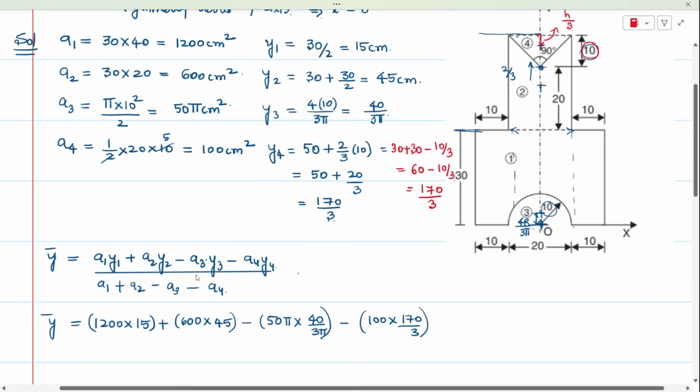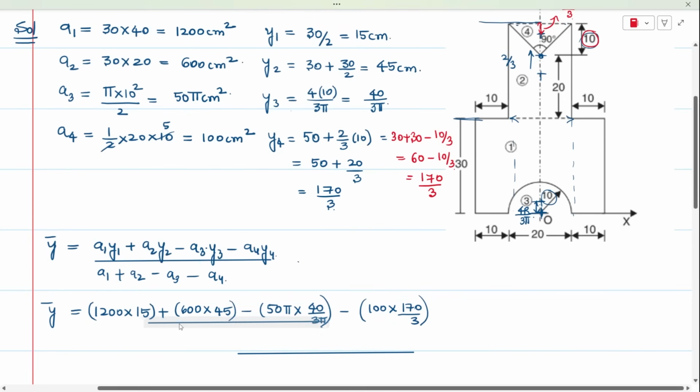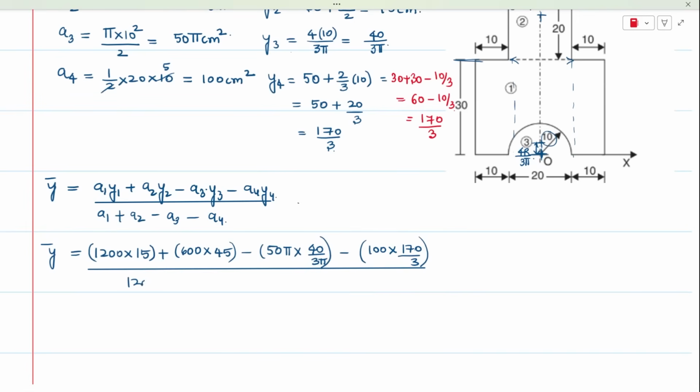This has to be divided by the summation of areas, 1200 plus 600 minus 50 pi minus 100. Upon solving, we get the answer as 25.06 centimeters from point O.